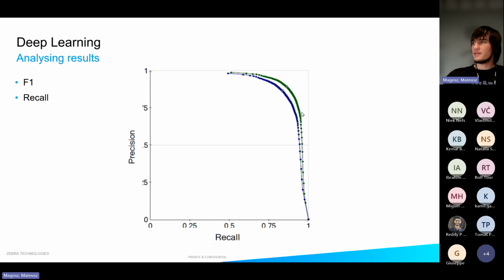The green one is a result of your training set, and the blue one was validation, if I'm not mistaken, or the blue one was your test set. We can check it later, but what you want to see is something like this. So the closer you are to the top right corner, the better your results overall should be. So if you see a curve similar to this one, it means it was probably trained quite good, and the results should be nice.